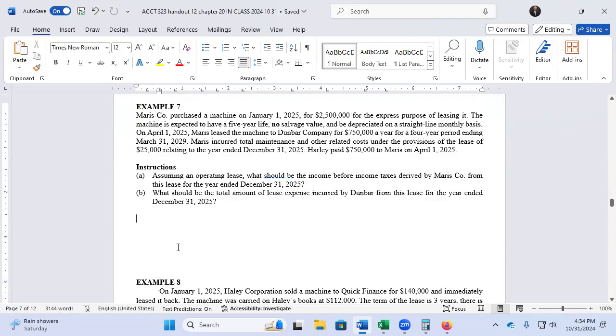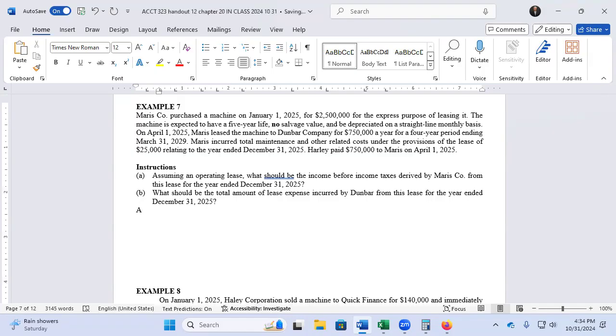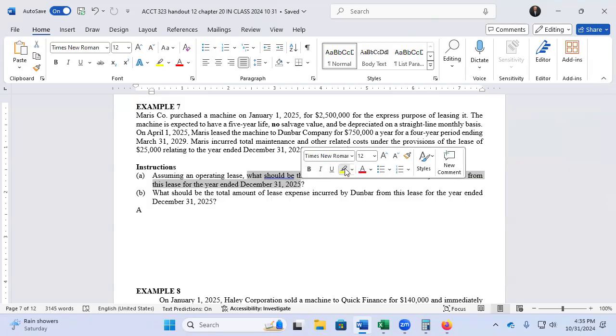Let's look at example 7. Okay, so it's asking what should be the income before taxes derived by Maris Company from this lease for the year ended December 31st, 2025.